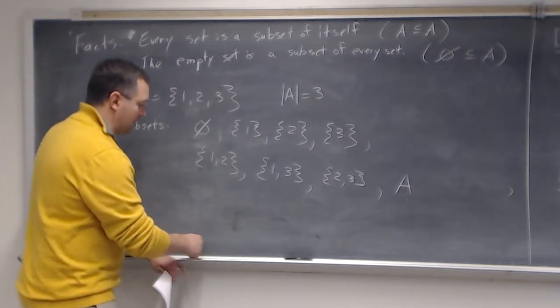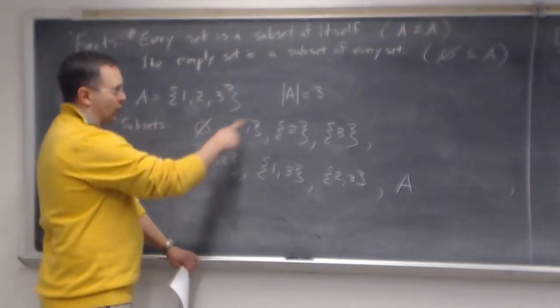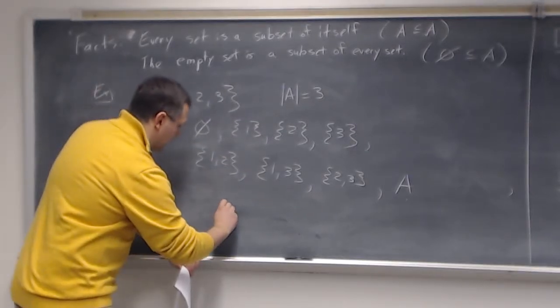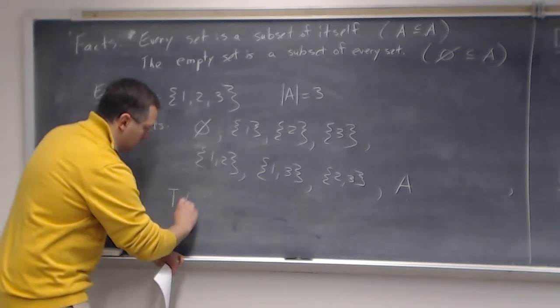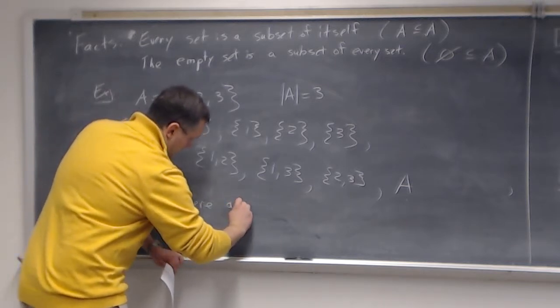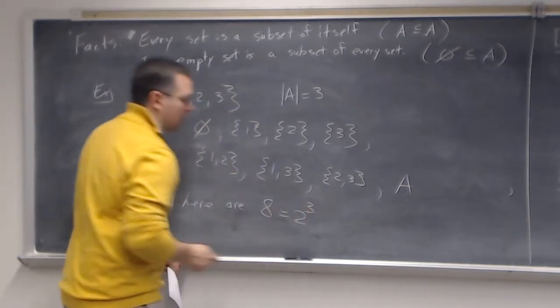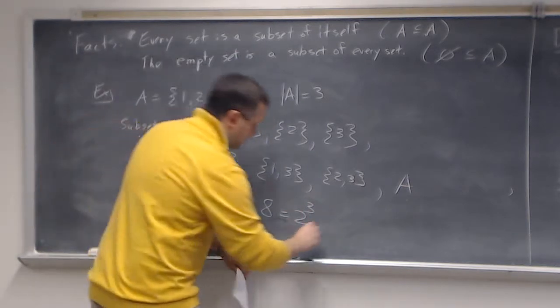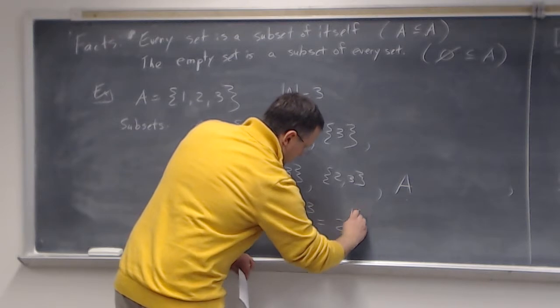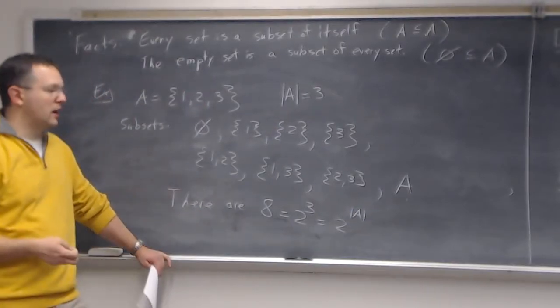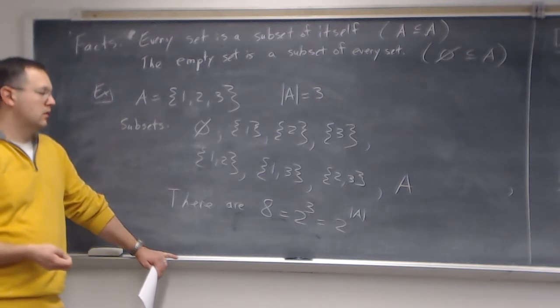You see a connection between the number 3 and the number 8. There are 8 subsets, but 8 is 2 cubed. Two to the size of A subsets.